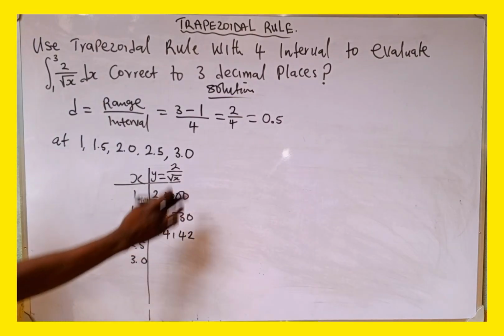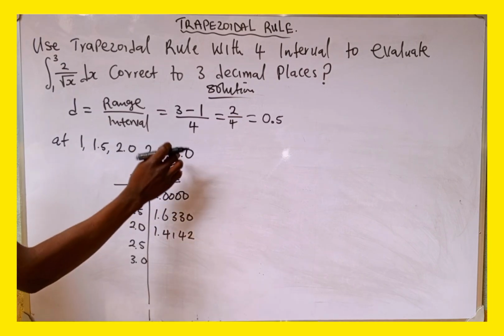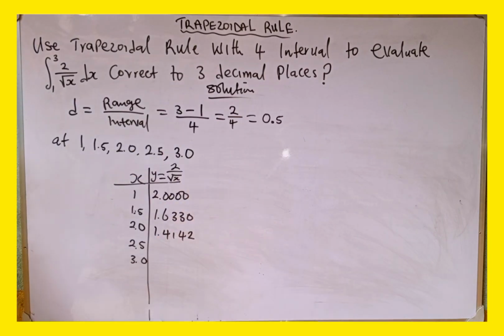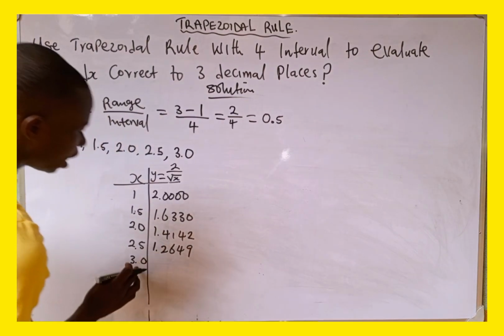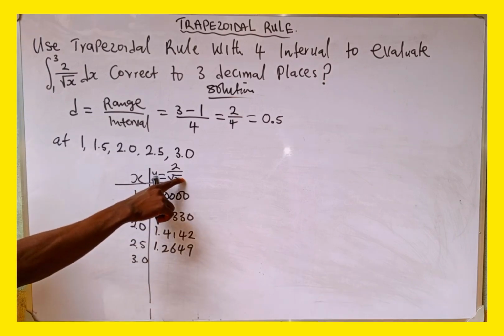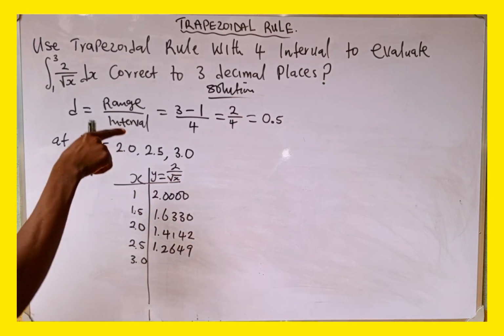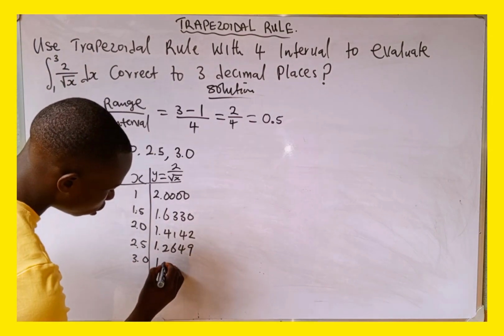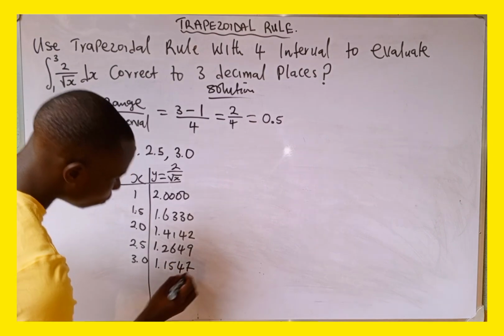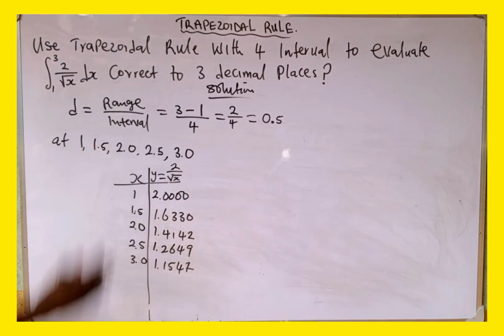The next one is 2.5. Plug in 2.5 here, then press equal to, 2 divided by the answer gives us 1.2649. And the last one is 3. Put 3 here: root 3, press equal to, then 2 divided by the answer gives us 1.1547. So we have successfully filled this column.